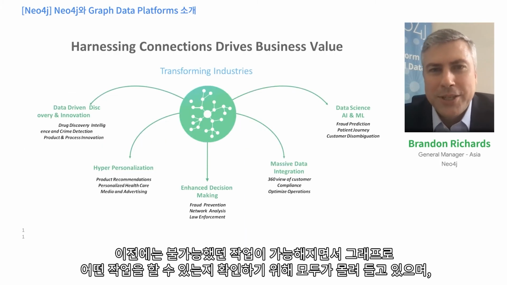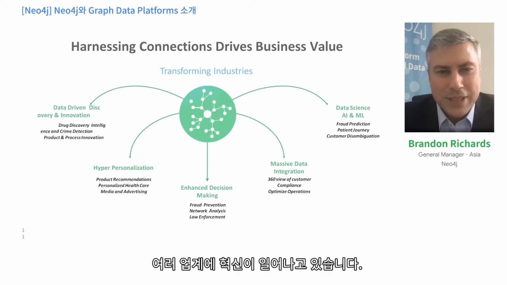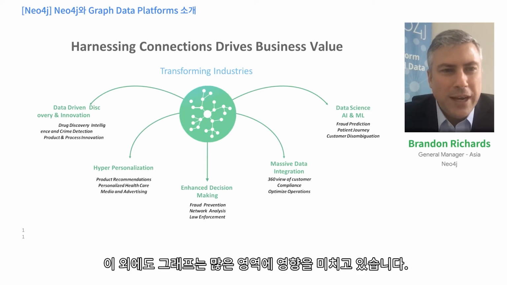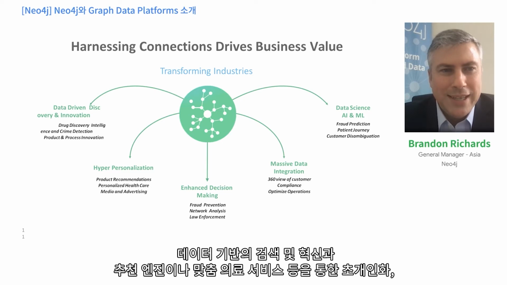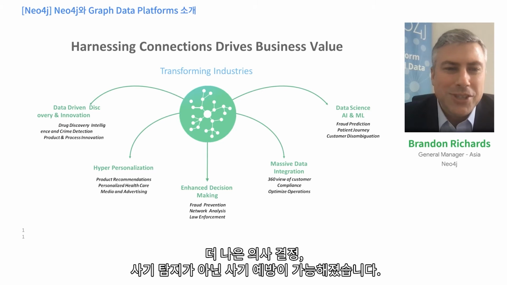As you can imagine, being able to do things that were previously impossible, everyone is rushing to see what they can do with graphs. And it's transforming many industries. These are just a few of the areas we see graphs having an impact. In data-driven discovery and innovation, hyper-personalization with things like recommendation engines or personalized healthcare, making better decisions.